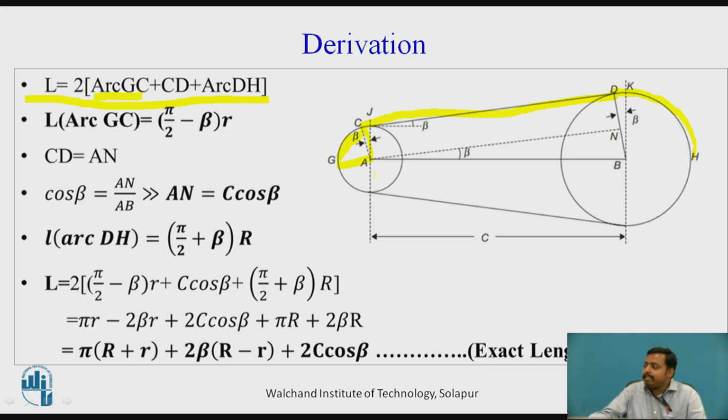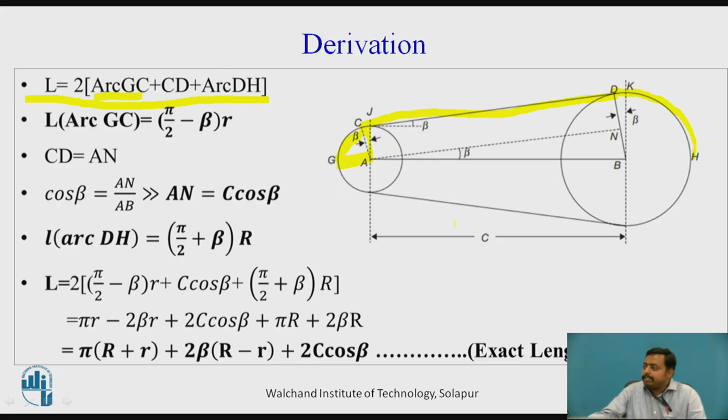So this is angle CAG that we can calculate as 90 degrees minus this angle. This angle is beta. So 90 degrees minus angle CAJ, that means pi by 2 minus beta, is called angle CAG. So the length of arc GC is equal to (pi by 2 minus beta) into r.